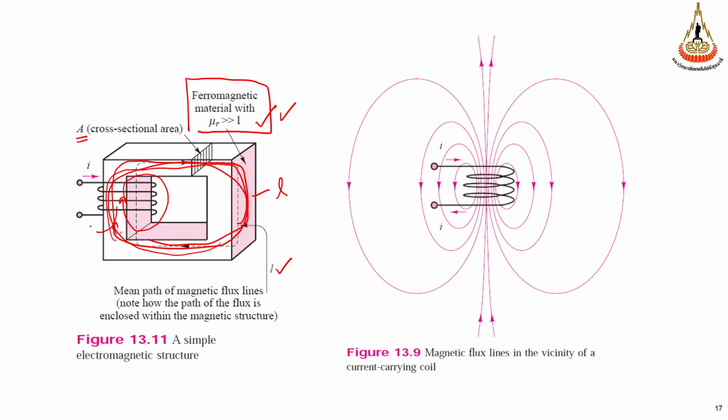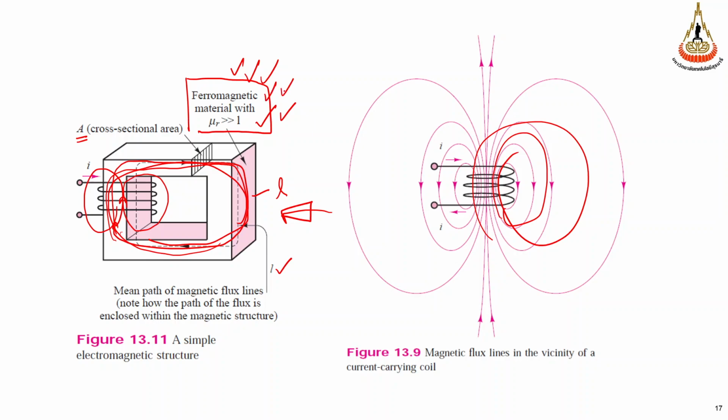It will not take this path, but in free space or free air, it will go to this path. So we control the magnetic field by using high permeability material. This type of material we call ferromagnetic material.